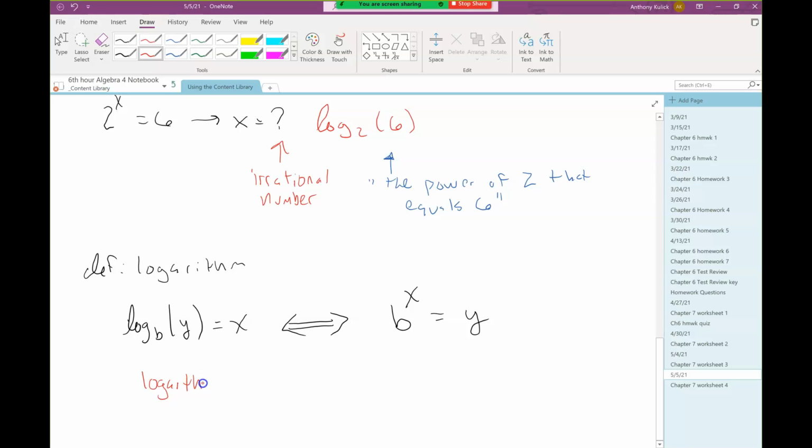So this side is the logarithmic form, and this is the exponential form.